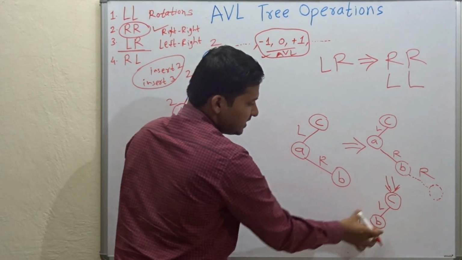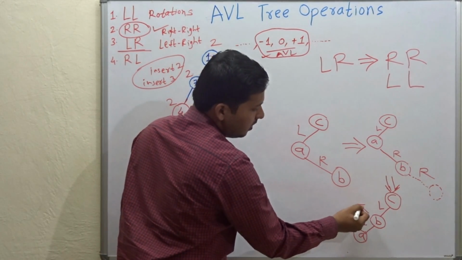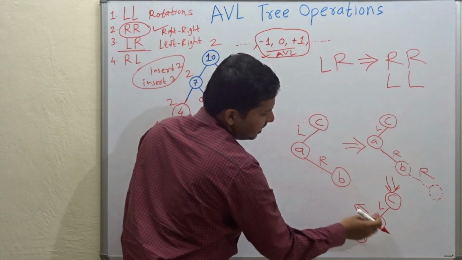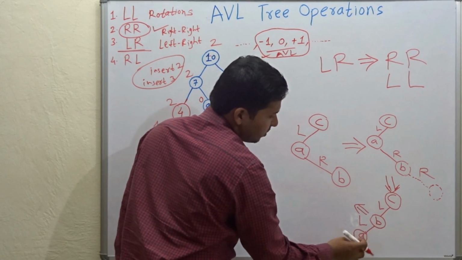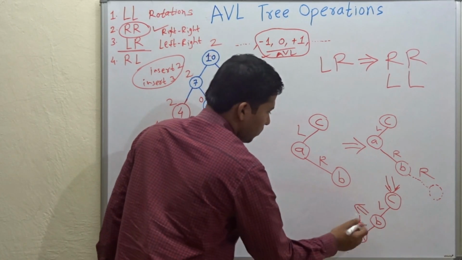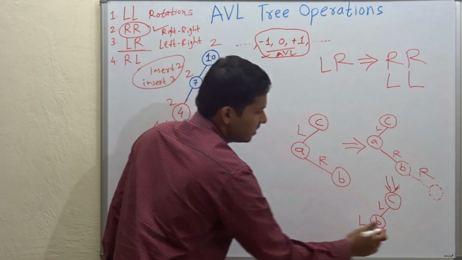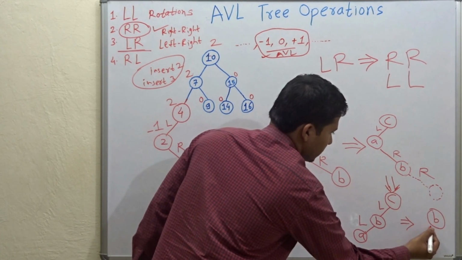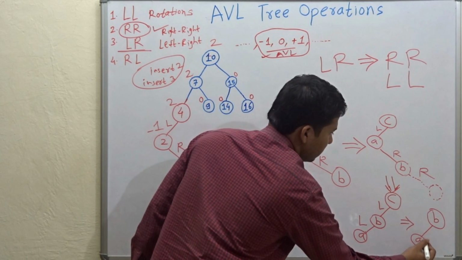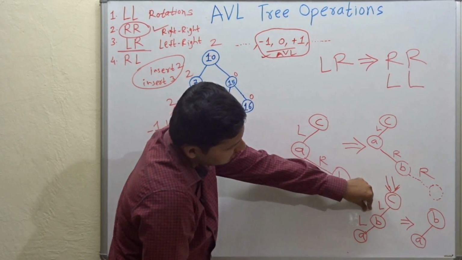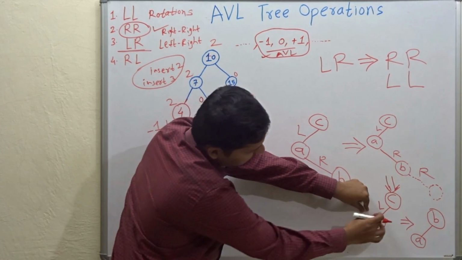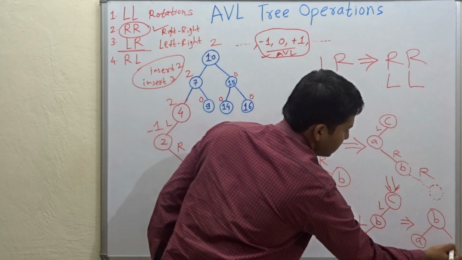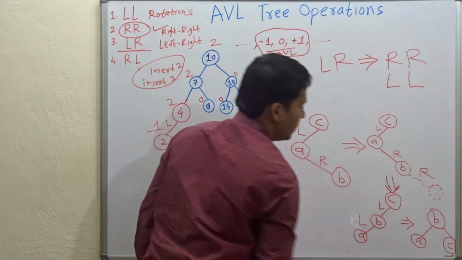Okay, now if this is LL, pull here, so that will be B in the middle, C on the other side, and A on the left side. So when we pulled it, it will become B in the middle, A on one side. See, if you pull it here, imagine A will go on that side. And C on this side.